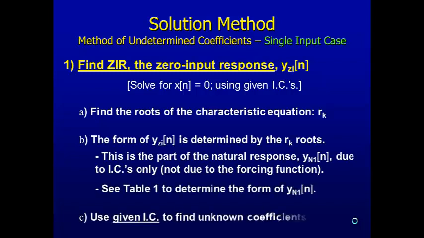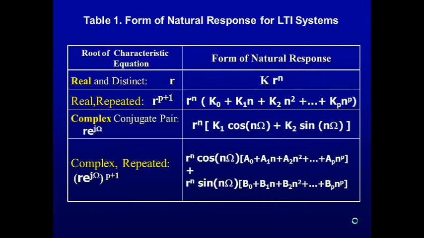And then the form of the natural response, which is also the same form as the zero input response, is determined by what kind of root we got. See table 1. Here's table 1. What kind of root did I get? This is a negative real root.